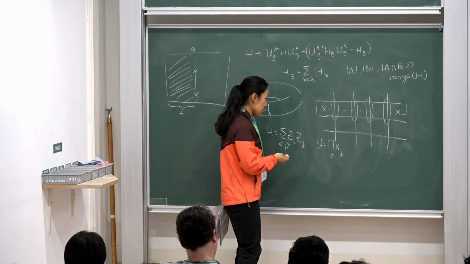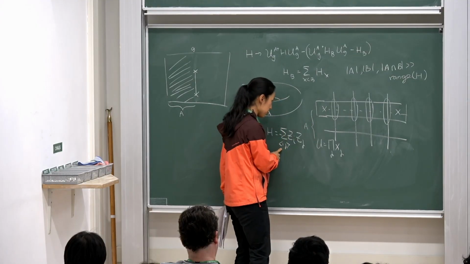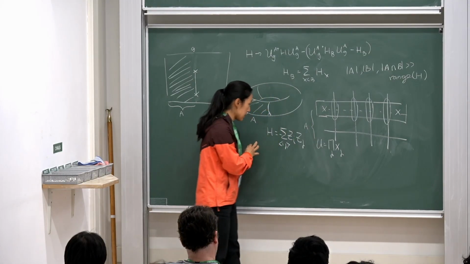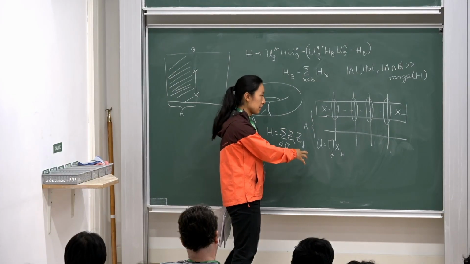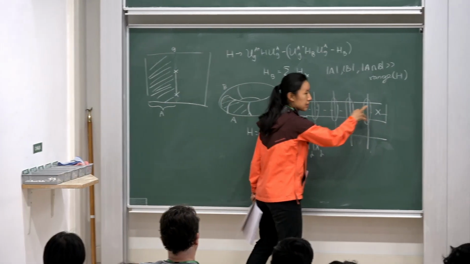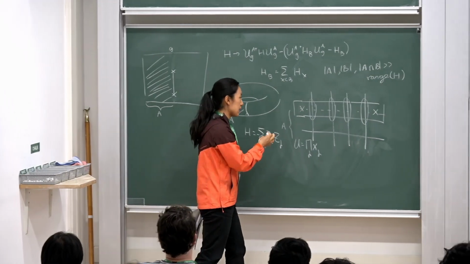Then you can see that if you take this lower half space to be your A, and you conjugate the Hamiltonian by U restricted to this lower half region, you'll flip the signs of all of these ZZ couplings. And a symmetry flux is when you end that flipping.